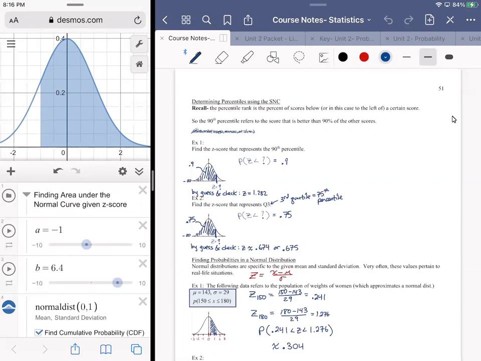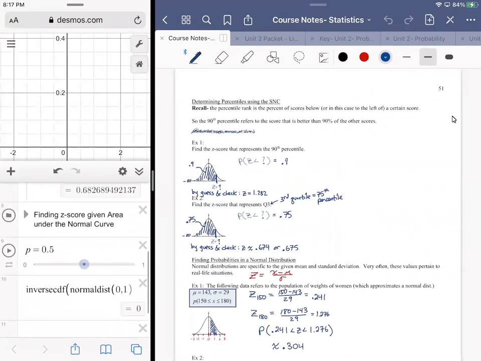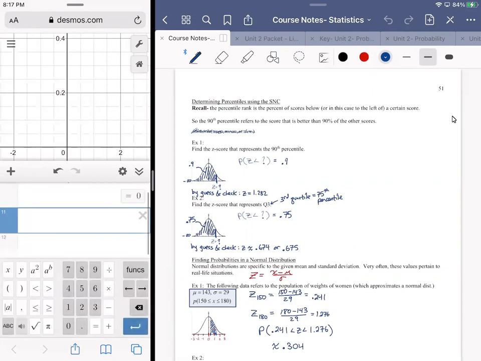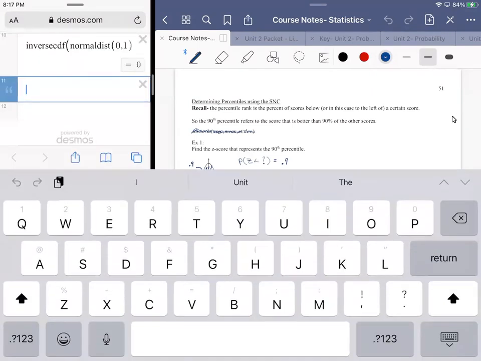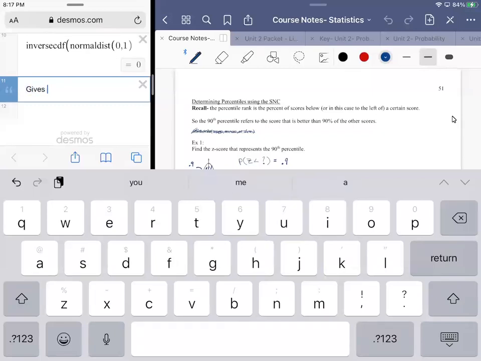So if this diagram is too distracting, then you can just tap on this and shut it down. There is a way to do it, but it's really not necessary. So what this does is it gives you a z-score. Now, what you can do if you want is you can just annotate this any way that you want. For example, if maybe it's not clear enough the way I have it written here, and you want to make an adjustment, you can put in a little note here saying gives z-score.